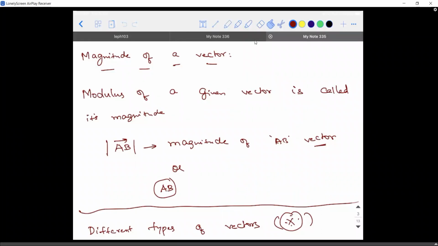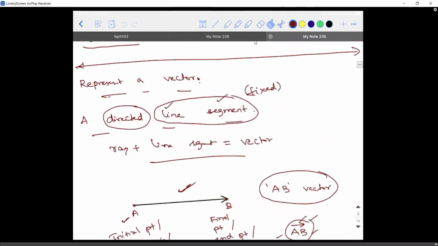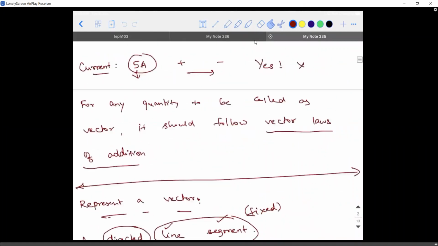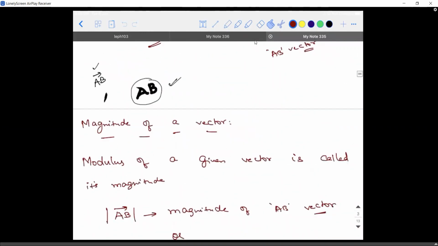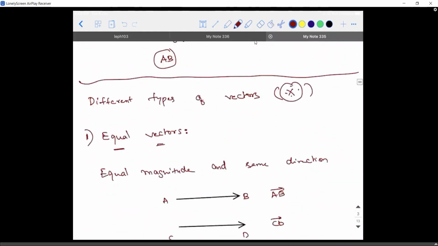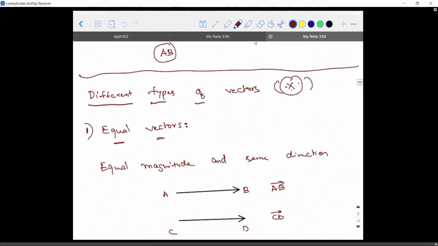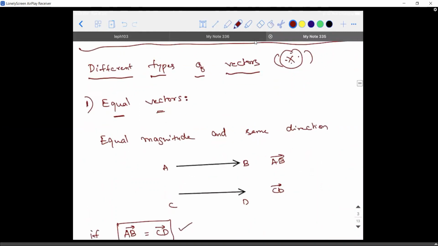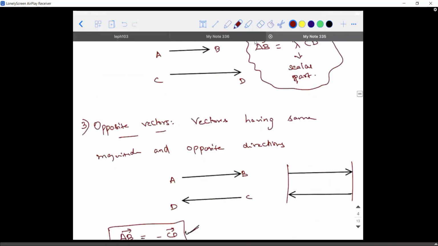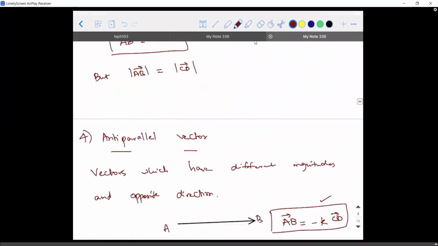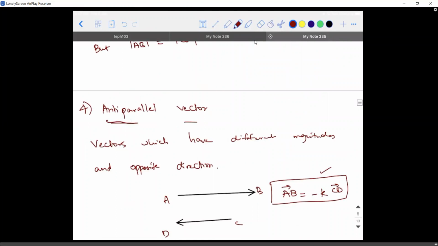Okay, we'll get started. In yesterday's class, we discussed what vectors are, the different types of vectors, and how to represent a vector along with its magnitude. Then we started with the different types of vectors. Am I right? Under this, we studied equal vectors, parallel vectors, opposite vectors, and at last anti-parallel vectors.